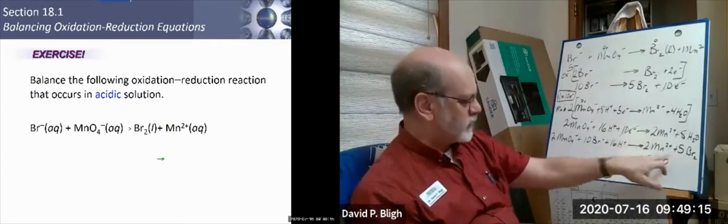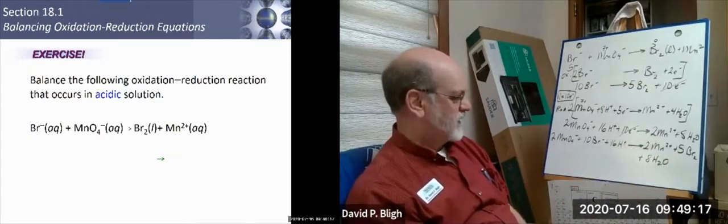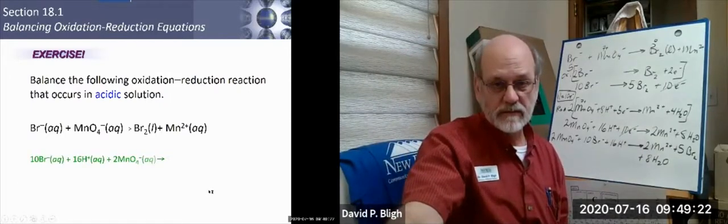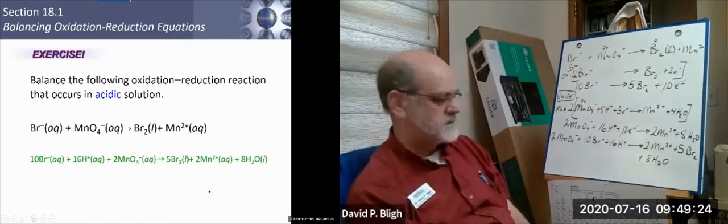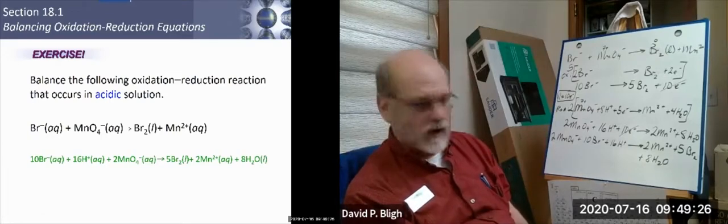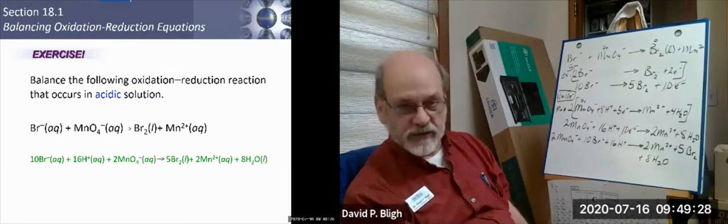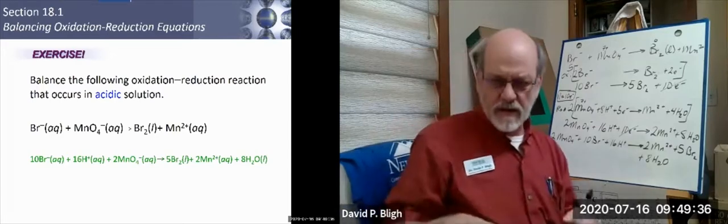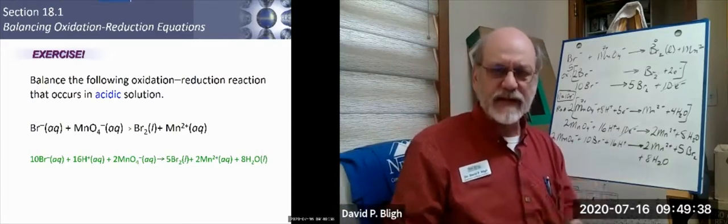There's no way we can reduce that any further. So that should be the balanced equation. Just checking my work, see if it agrees with the slide. Yep. Okay. So that's our balanced equation in acidic solution.